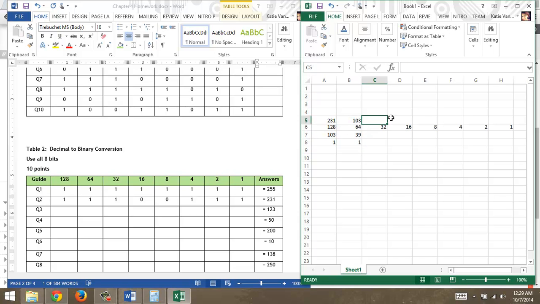And then I have 39 left. Can I do 39 minus 32 without going negative? We can do that as well. So 39 minus 32 is 7. So we're not negative yet, so we can do a 1 there.